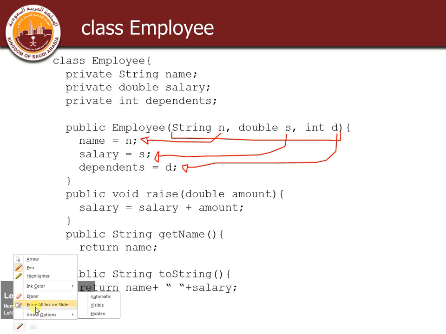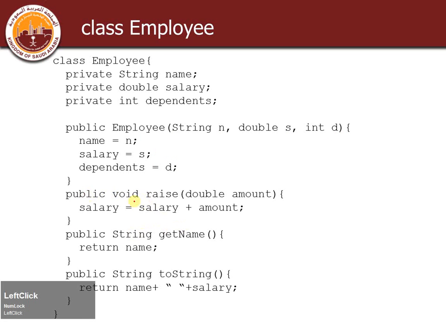And there's something which is public void raise, taking a double amount, and what it does is just add the amount to the salary. That means you raised the salary of that employee by this amount.